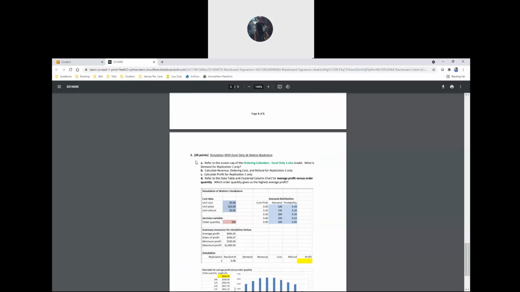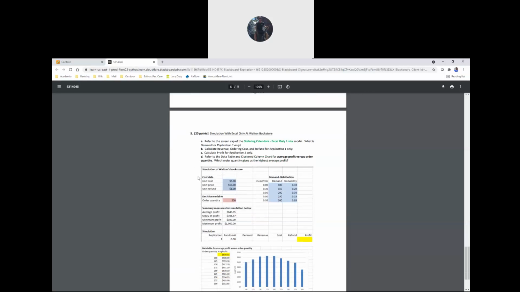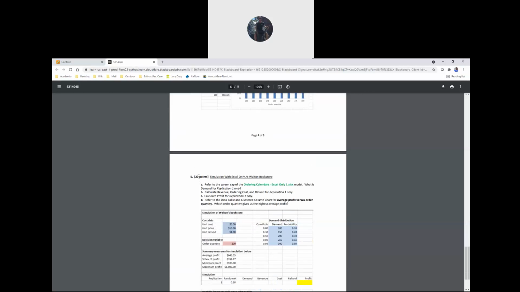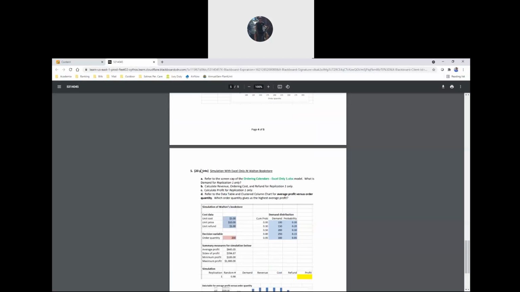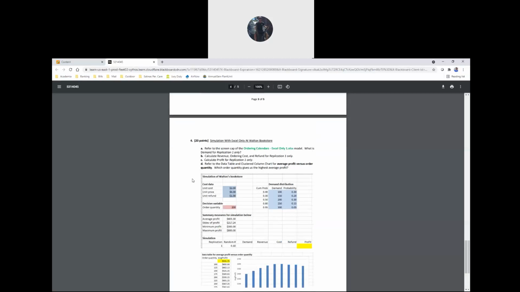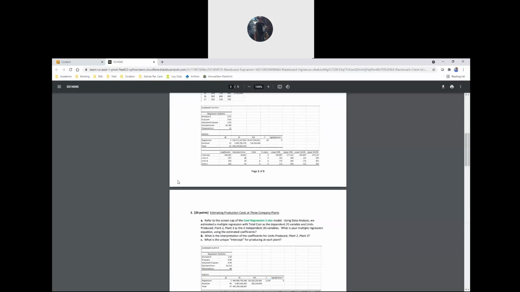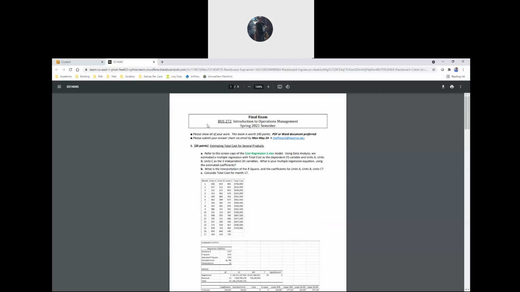Probably one of them is going to be a situation where you get a refund, and one of them is not, so you'll get both methods there. So, 5 questions. Try to make your answer sheet a PDF or a Word document, and that's due next Monday, May 24th.